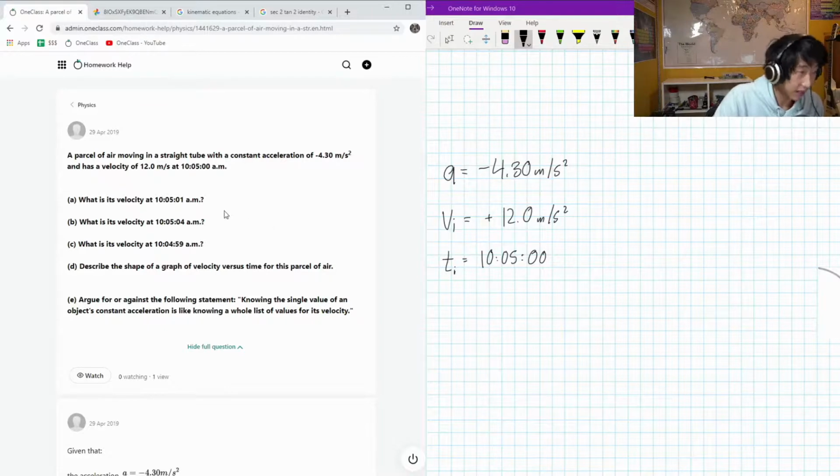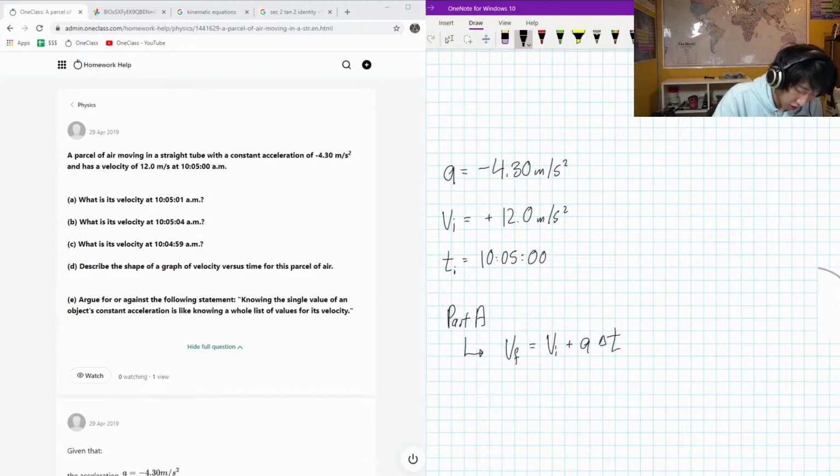Okay, so for part A, it's asking us what is the velocity at 1 second later. So part A, what we need here is our kinematics equations. Our final velocity, VF, is equal to our initial velocity plus our acceleration for however long we do this.